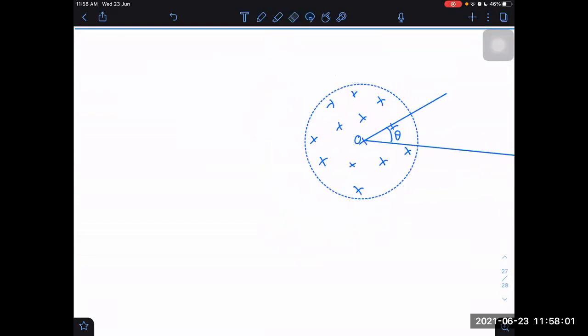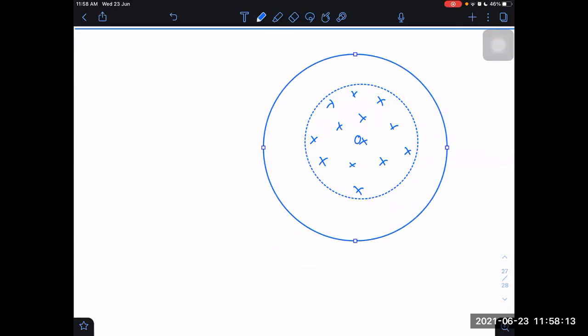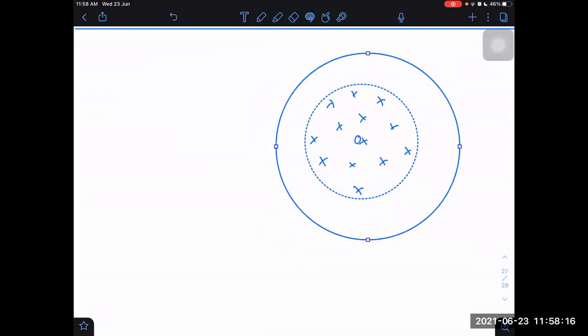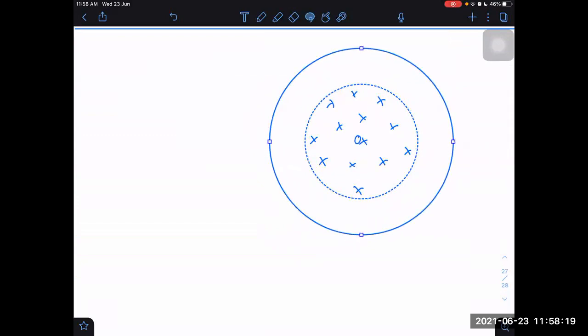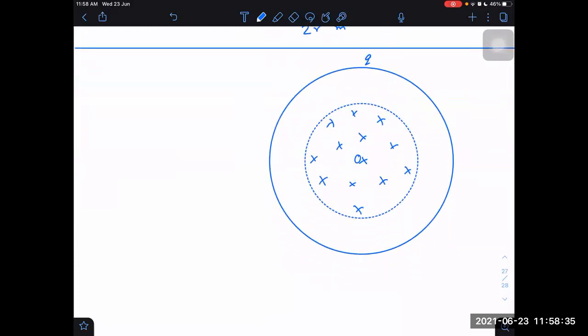Next we have a similar question modified in a different way. I can say that there is a ring made of insulator having charge Q. Cylindrical region of R, again everything same only.